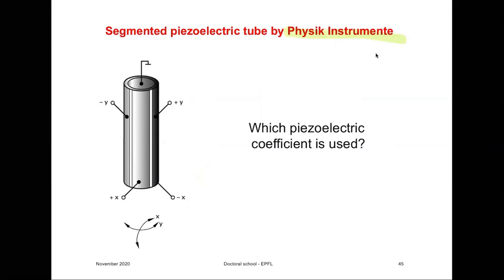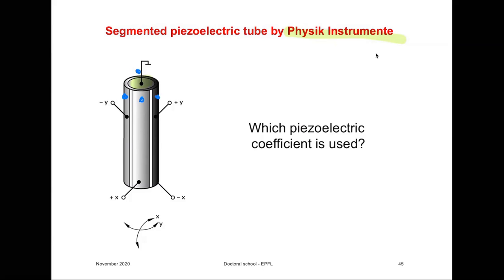So the question is, which piezoelectric coefficient is used here? This central electrode is connected to ground, and then you have 4 electrodes. It's segmented into 4 equal pieces, separated, so the electrodes are not continuous.